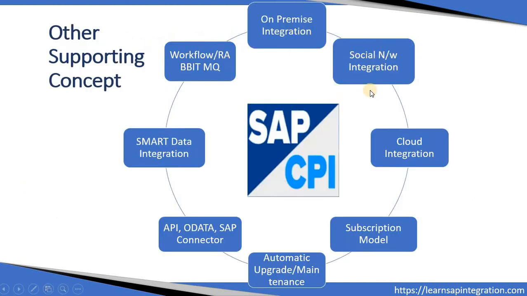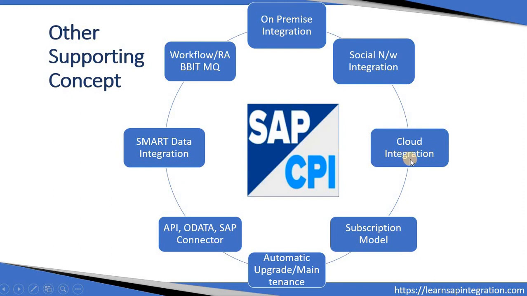This is cloud platform integration. The name says it supports integration of cloud to cloud applications. Along with that, it also supports on-premise integration, as we have seen in the previous scenarios. Another advantage is social network integration. As I mentioned, there are different adapters available like Twitter and Facebook integration, and there are many OData services also available.